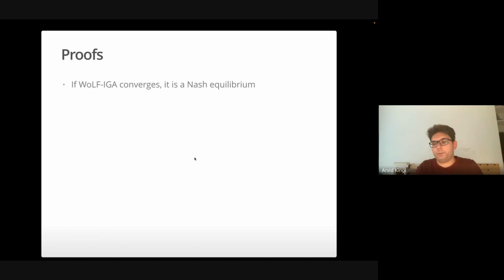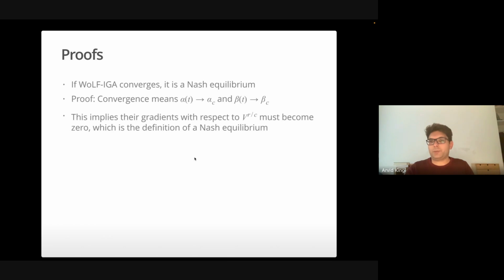And there are a couple of proofs that they come up with. One is: if both eager converge, it converges to a Nash equilibrium. They say that if my strategies don't move, then there must be a zero gradient where I am right now.